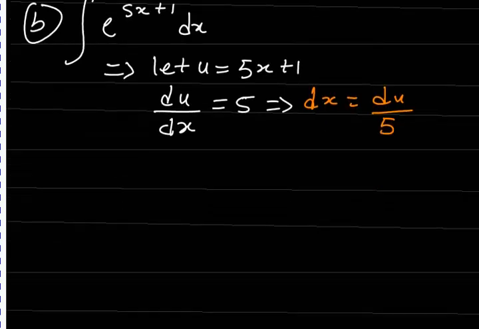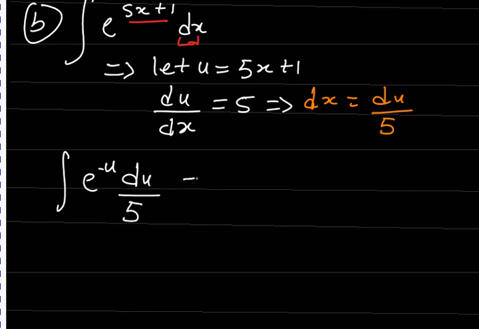So this will now be the integral value of the exponent of u, since the whole of this is u. Then I have to replace dx, which is du all over 5. Of course, if I integrate exponent u, I'll still have exponent u.